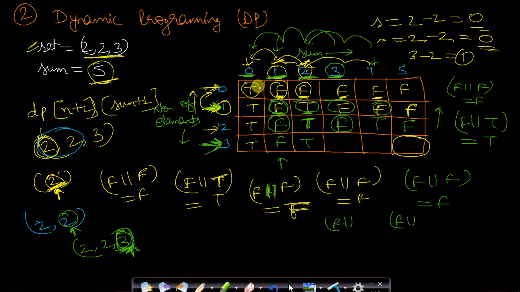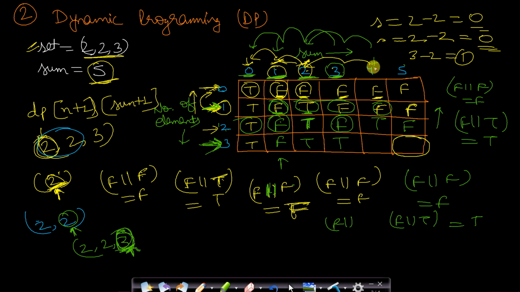You can see that a sum value of 0 can be found with any number of elements. So I will move up a row and 3 hops to the left and find a true. So false or true will be equal to true. Therefore I can find a sum of 3 by including the third element of the set.